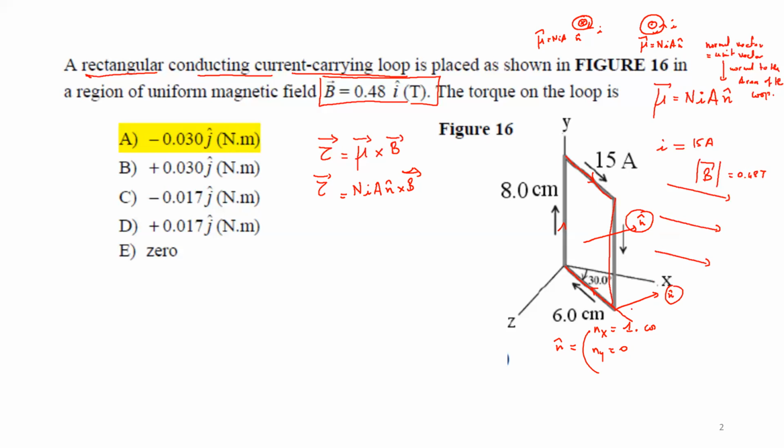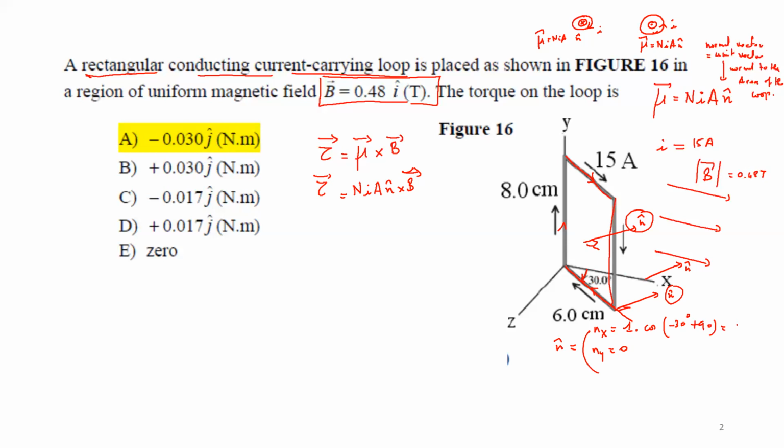So what is the normal vector? I can put it here as well if I want. All these vectors are the same. It will be cosine of minus 30 degrees, because I'm rotating in this direction by minus 30 degrees, and then I'm adding 90 degrees here, because the normal vector is at 90 degrees.